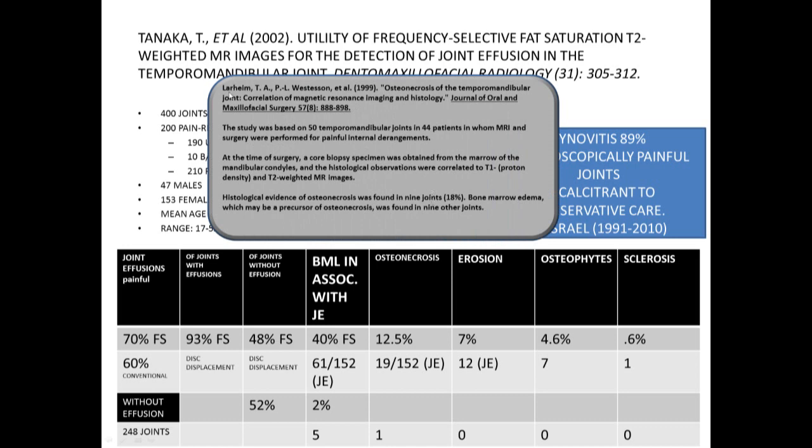And also in a study by Larheim, they found that people with painful joints who ended up going for surgery and had core biopsies done had osteonecrosis, 18% of them. So when we take a look at the literature, it's not just one issue that's at rest here, and that would be, of course, the disc displacement.